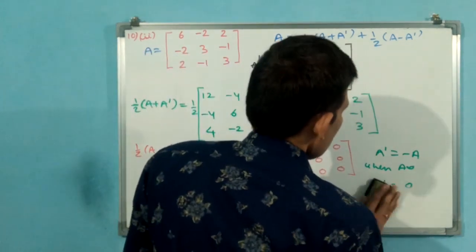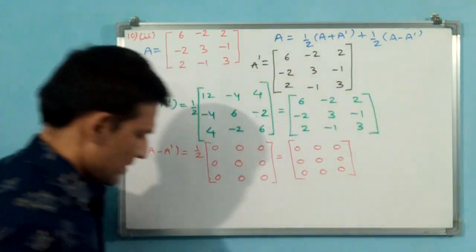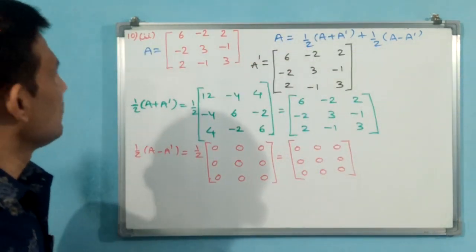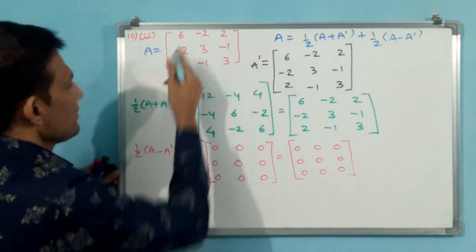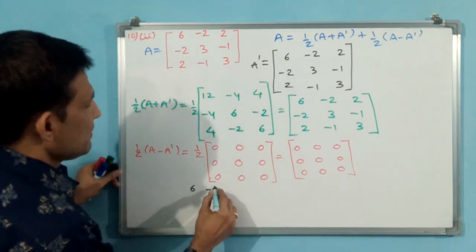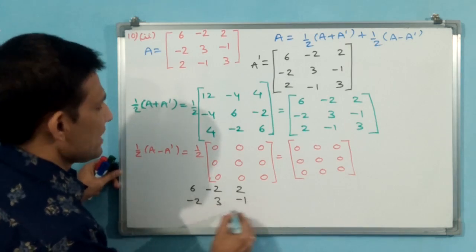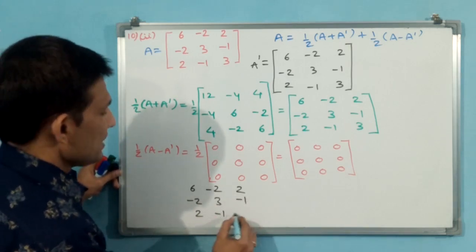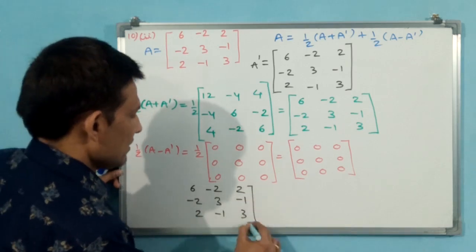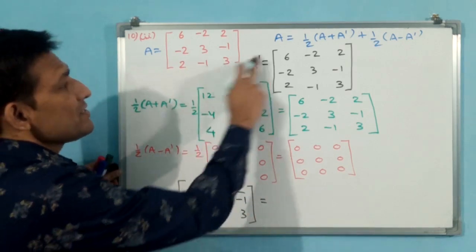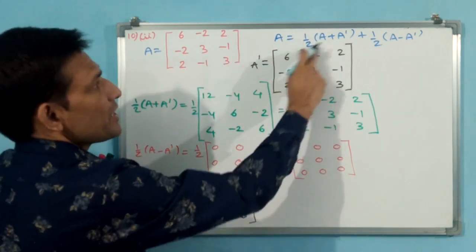Okay. Now let us represent it in this form. I am representing it for you. A is 6 minus 2 2, minus 2 3 minus 1, 2 minus 1 3. Now this is A, and A is equal to 1 by 2 (A plus A transpose) plus the other term.